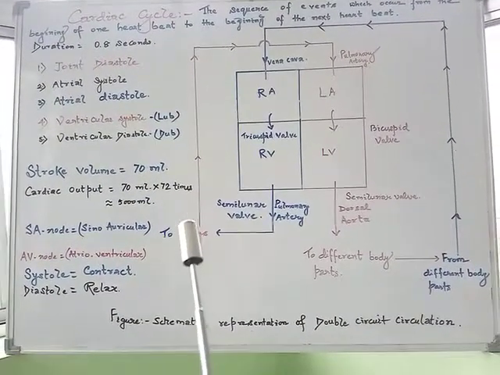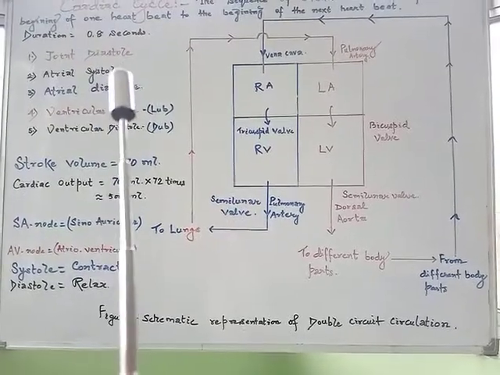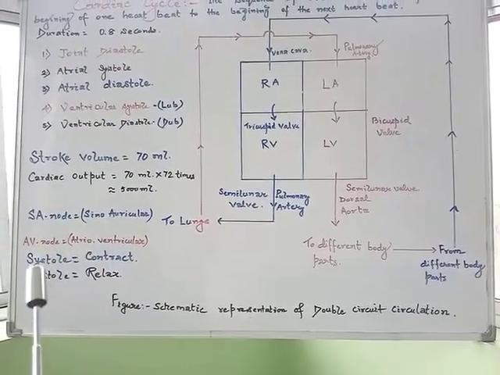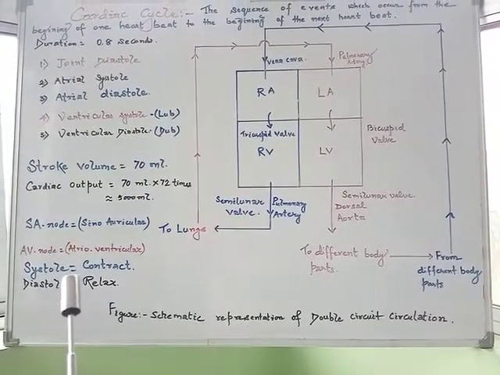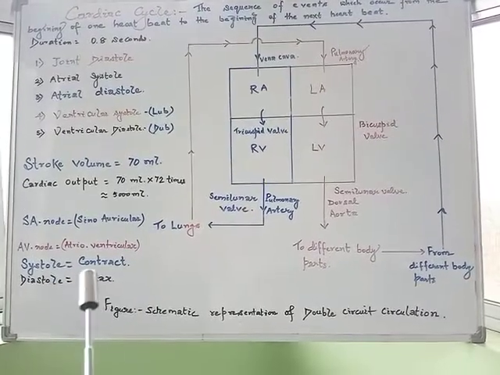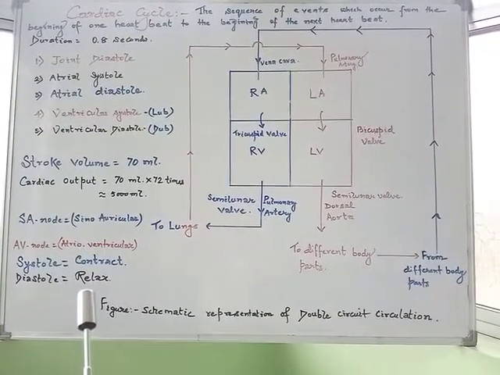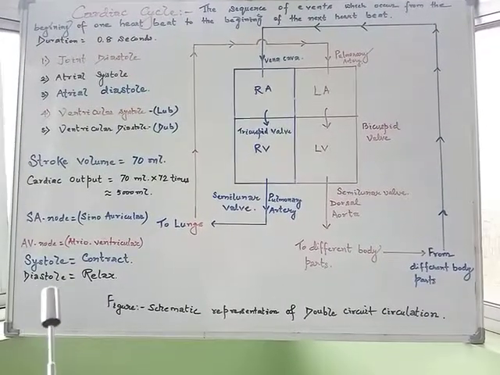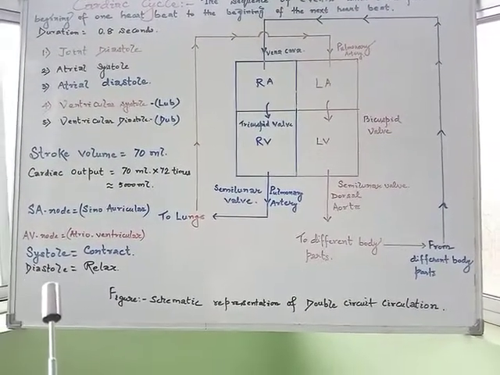Now let us try to understand the cardiac cycle. We have also gone through the fact that the phase of contraction of the heart chambers is called the systolic phase, whereas the phase of relaxation of the heart chambers is known as the diastolic phase or diastole.